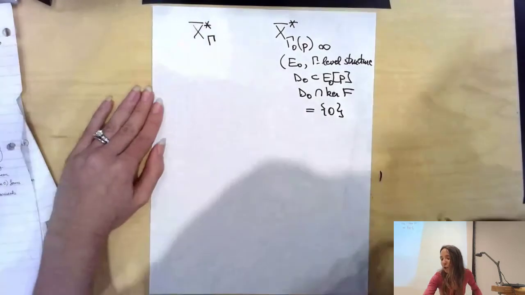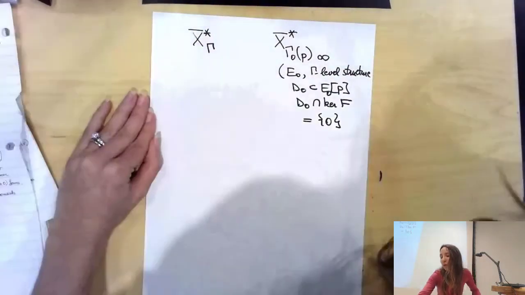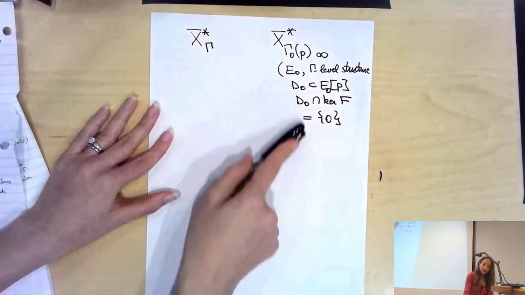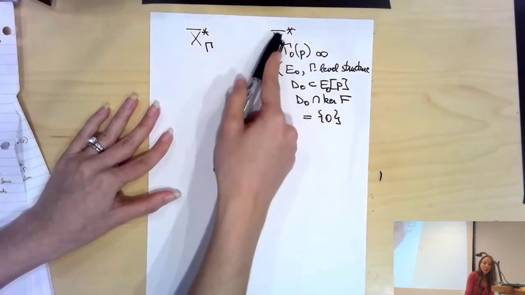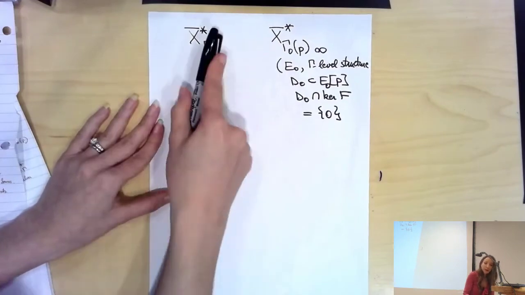The other irreducible component corresponding to the cusp 0 is the one where D naught is the kernel of the Frobenius isogeny. So if you have something like this, then how do you show that this irreducible component is actually isomorphic to what you see at level gamma?